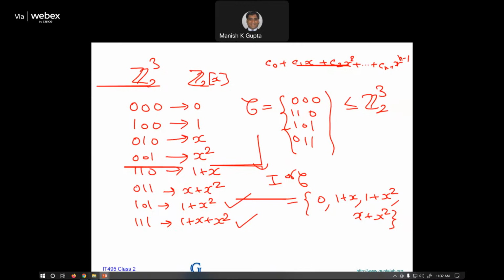Now, first of all, if I take 1 plus x and x plus x square, add them as a polynomial, what will happen? 1 plus x plus x plus x square, that is 1 plus 2x plus x square, but 2 is 0. Everything is modulo 2, so you are left with 1 plus x square.